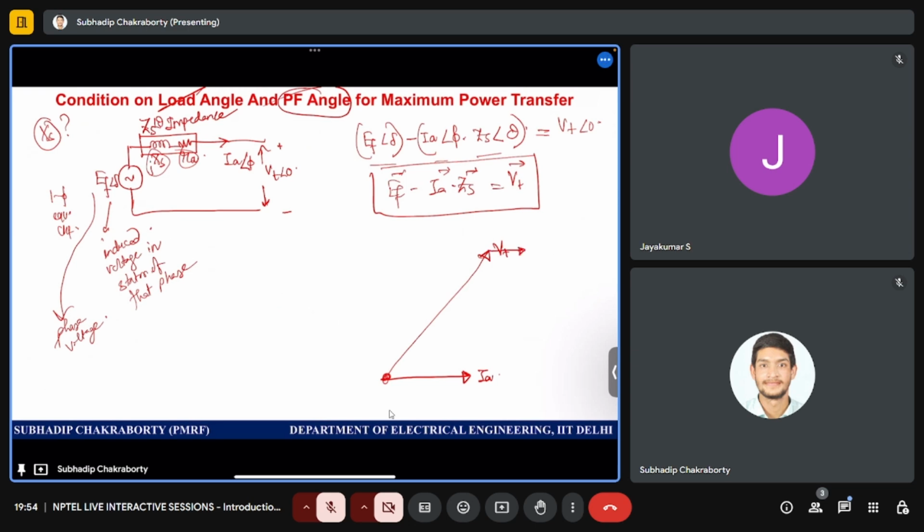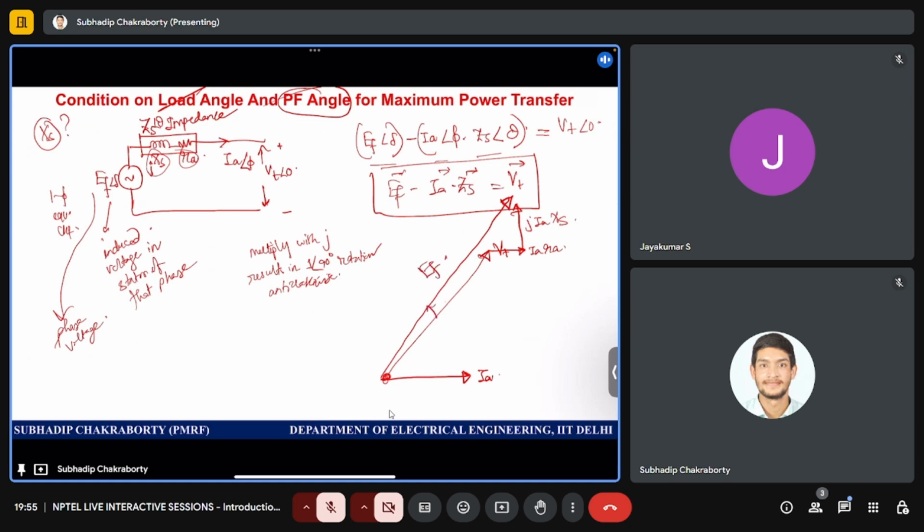So VT plus IA into RA, no phase angle change, plus IAJXS, because XS has 90 degree. Whenever you multiply with J, it results in a 90 degree anti-clockwise rotation, as per the rule of multiplication of complex numbers. So this generates EF.